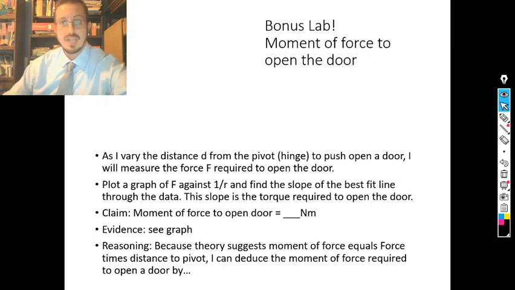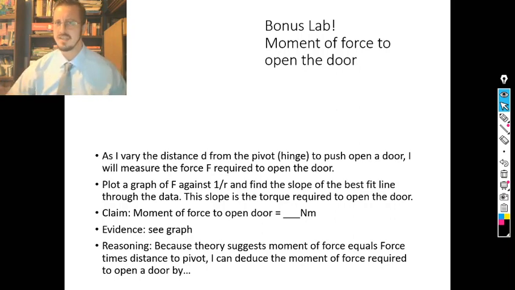There will be a bonus lab this week where we're going to measure the force to open the door as per our explanation of moment of force last week. So as we vary the distance from the pivot to push open the door, we're going to measure the force required to open that door. And so we'll be measuring how much force it takes to open the door very close to the hinge, and how much force it takes to open the door where the door handle is far away from the hinge.